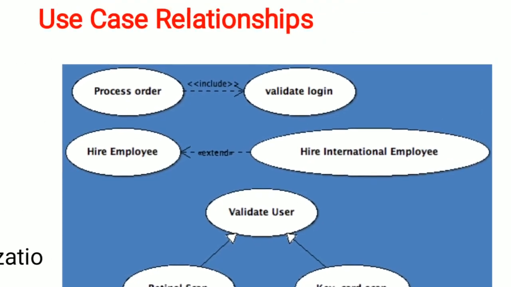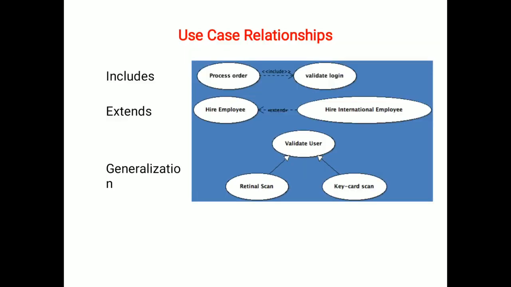Here also, process order, validate login. So when you process the order, the login will be validated. So this will be included. And what is extend? See, when a particular use case is completed, automatically some more use cases will be executed. I repeat, when a particular use case, suppose that is X, is executed, then use case Y will automatically execute.